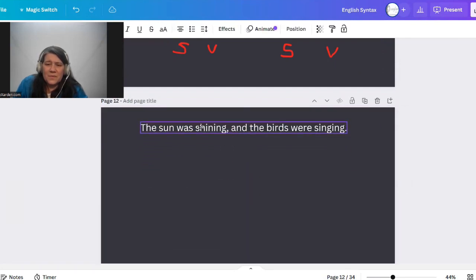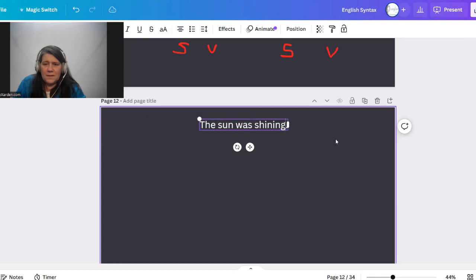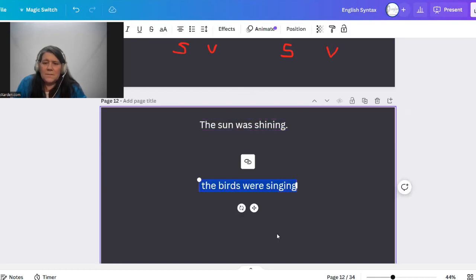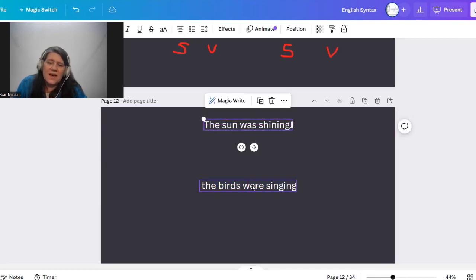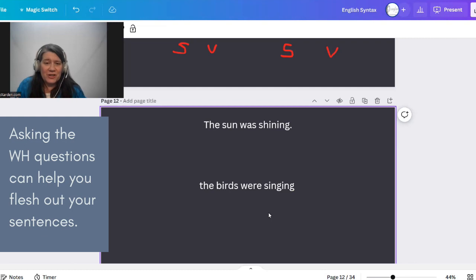So we actually have two sentences here. We have the sun was shining. We have the birds were singing. We're going to build this sentence up with a lot of different parts to it.